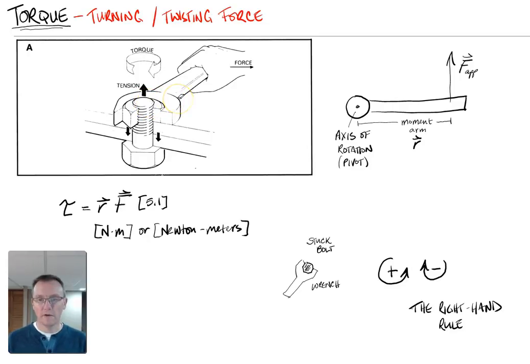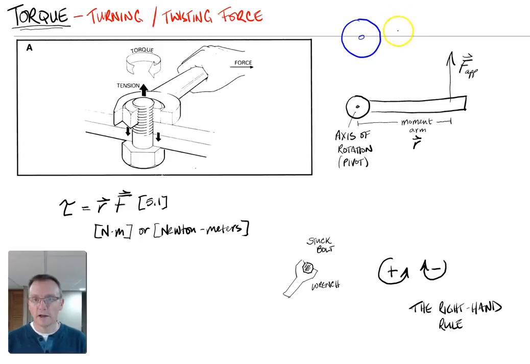The question I would have for you is, where do we see torques? And quite frankly, we see them all the time. If we think about it, let's look at the wheel of a car. I'm going to draw a wheel right there. And so it has an axle in the center, like so. And that axle, through a complex chain of machines, is connected up through to your engine.